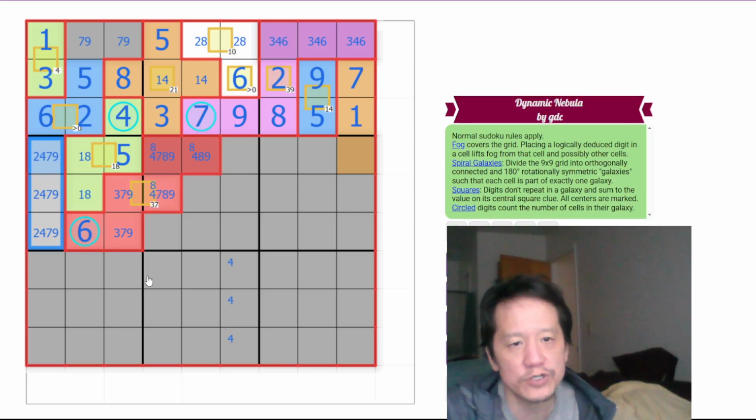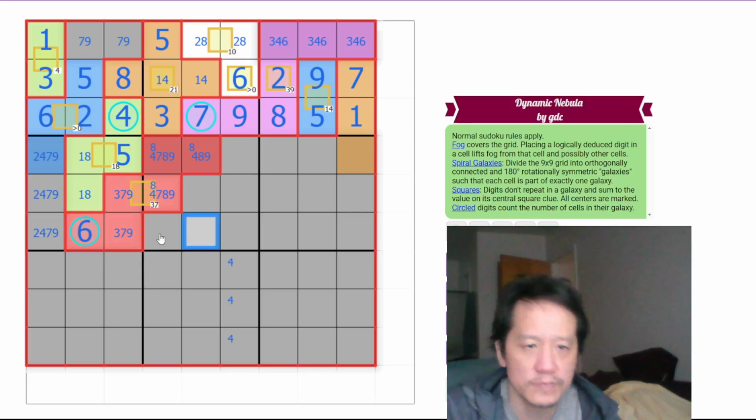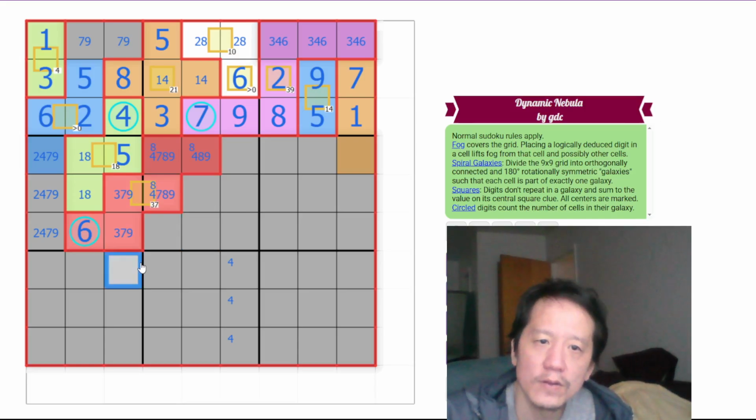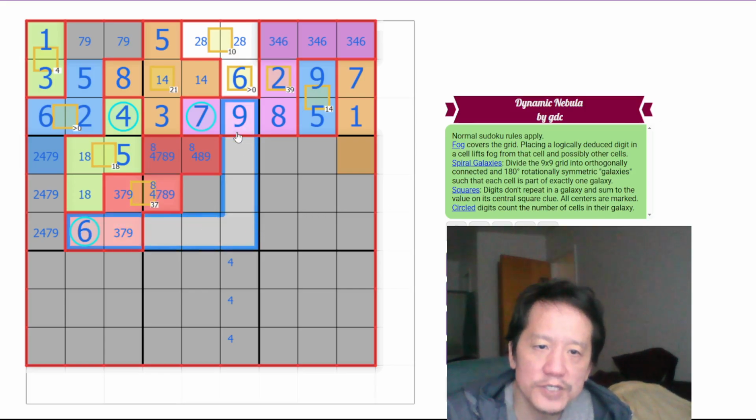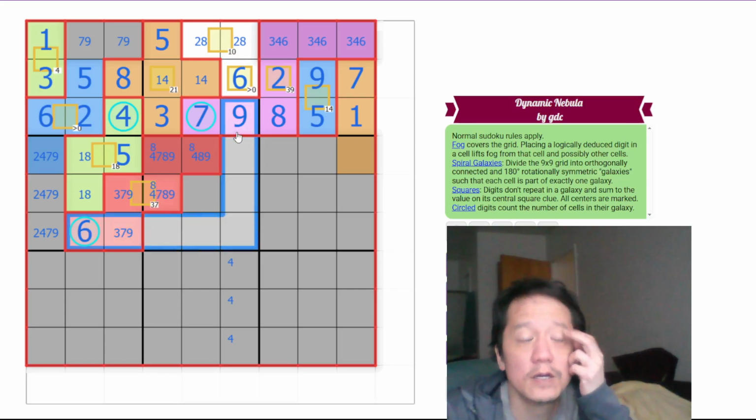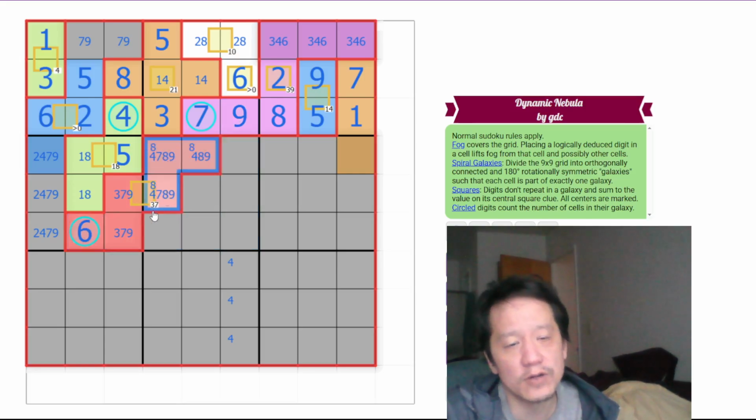We're not sure which. Six cannot be here in box 5, where it can't be here either because it's in the same region. Therefore, where is the 6? It has to be here.